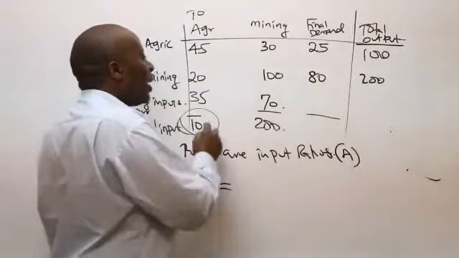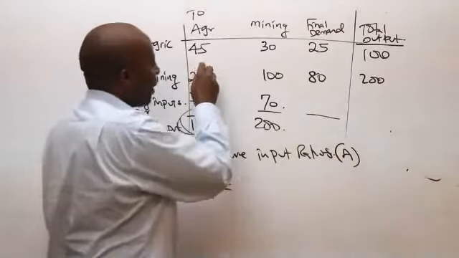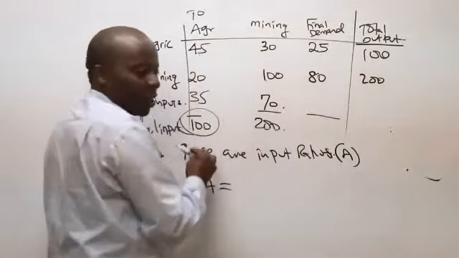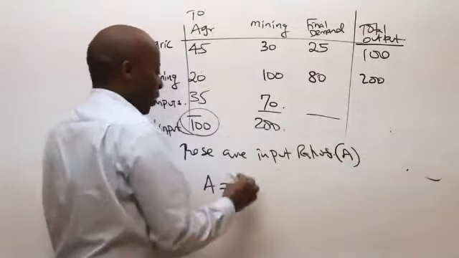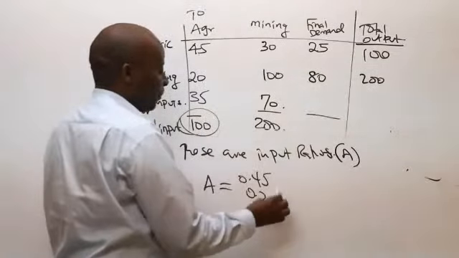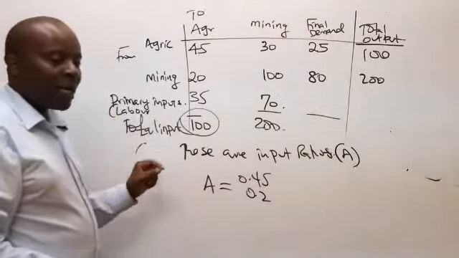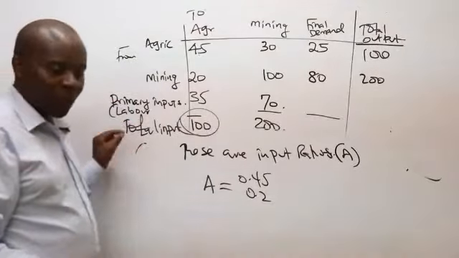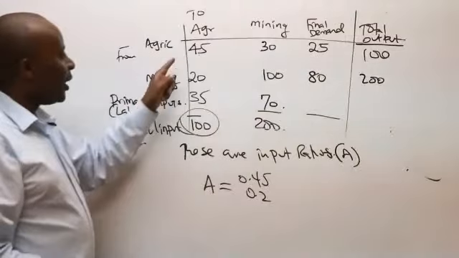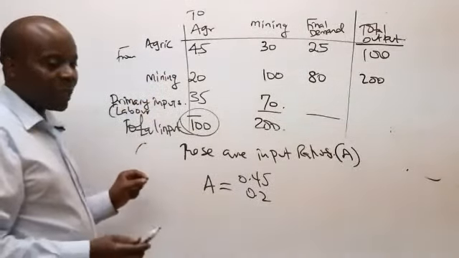So here we normally go down. Like now here we'll talk of 45. The input ratios of agriculture will be 0.45 and 0.2. Remember, in input ratios we only capture information about sectors. We can't have an input ratio of the primary inputs, so it is only between sectors alone.